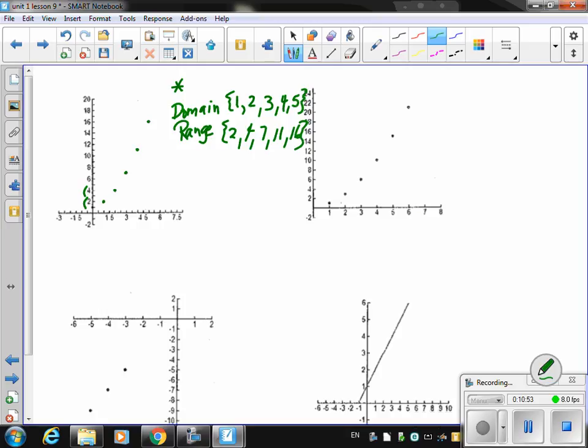For the second one, we have 6 possible values for the domain and the range. The x values for the domain would be 1, 2, 3, 4, and 5.